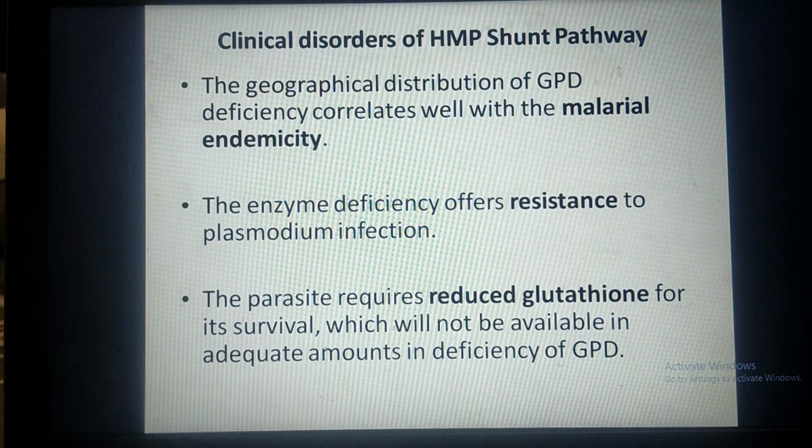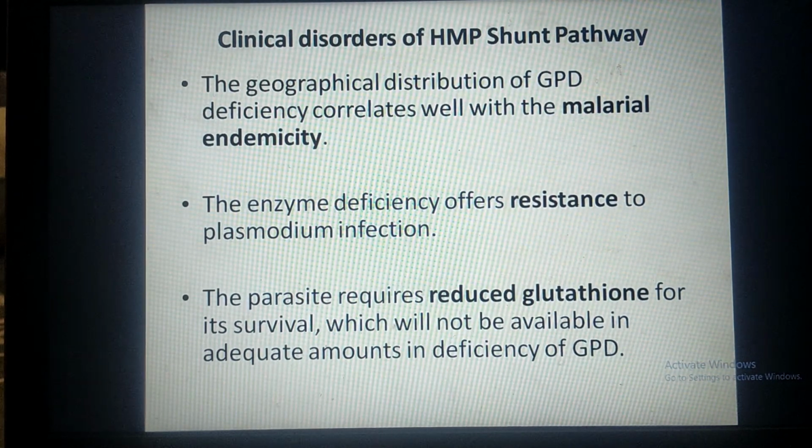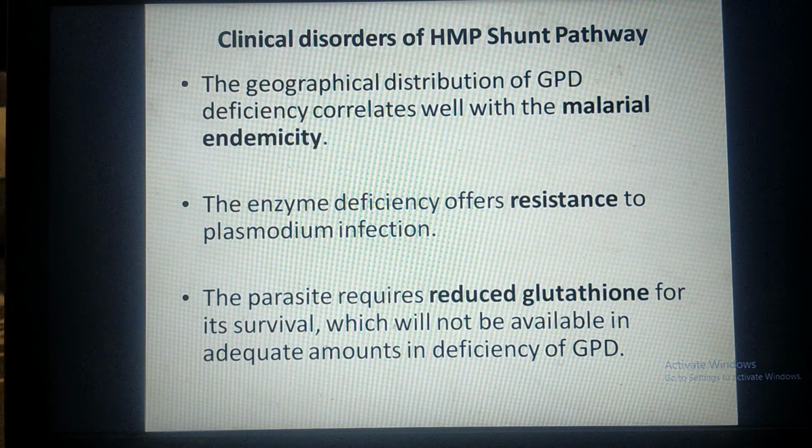In studies it is found that where malarial cases are endemic, the chances of finding G6PD deficient persons are more. G6PD deficiency is seen in people in areas where malarial cases are more.